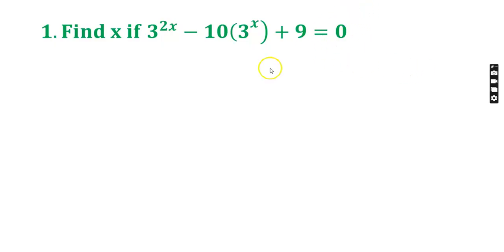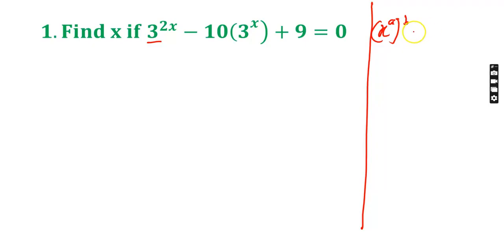So I'll be talking about some background laws of indices. Like this 3 raised to power 2x, we are going to apply this law. Remember this law: x raised to power a, close bracket b, is the same thing as x raised to power b, close bracket a, and both of them give me x raised to power ab.